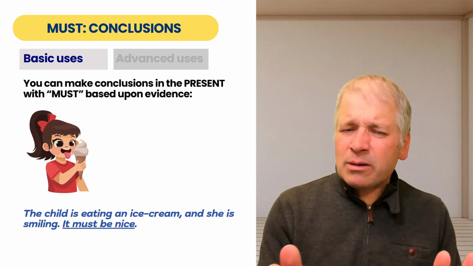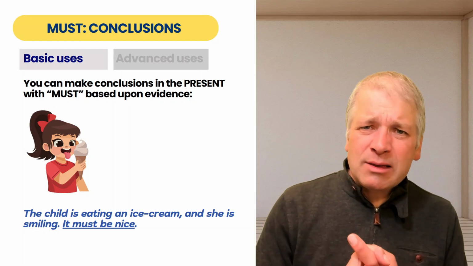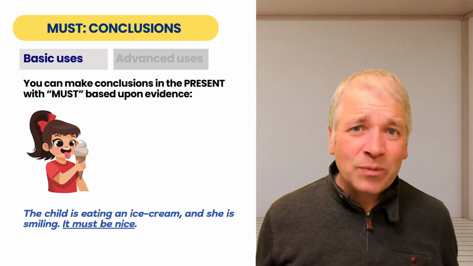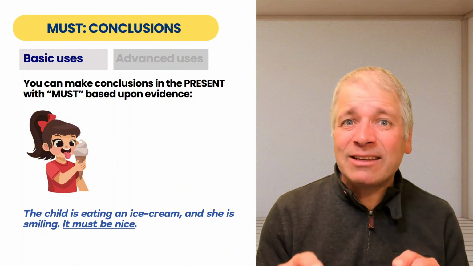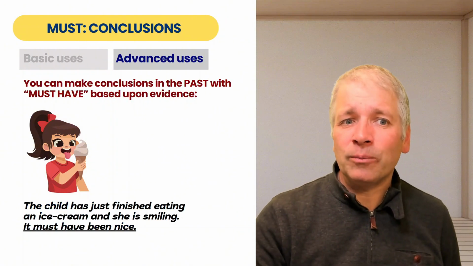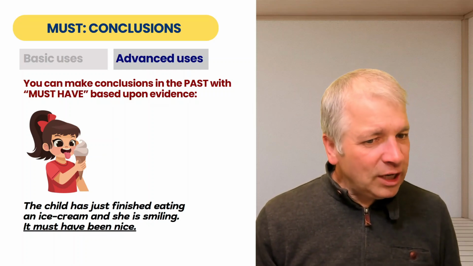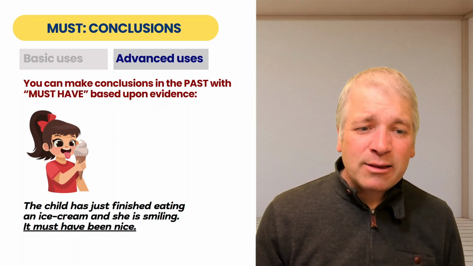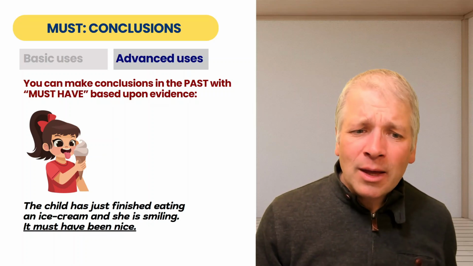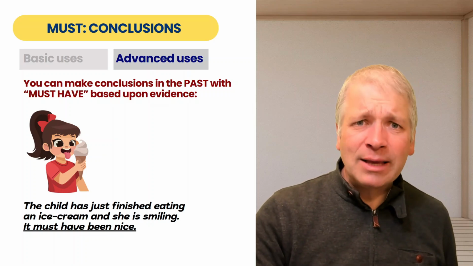What's my evidence? Eating ice cream, she is smiling. What's your conclusion? Well, the ice cream must be nice. It must be nice is the conclusion. And in the past, must have. The child has just finished eating an ice cream and she is smiling. What's my conclusion? It must have been nice.